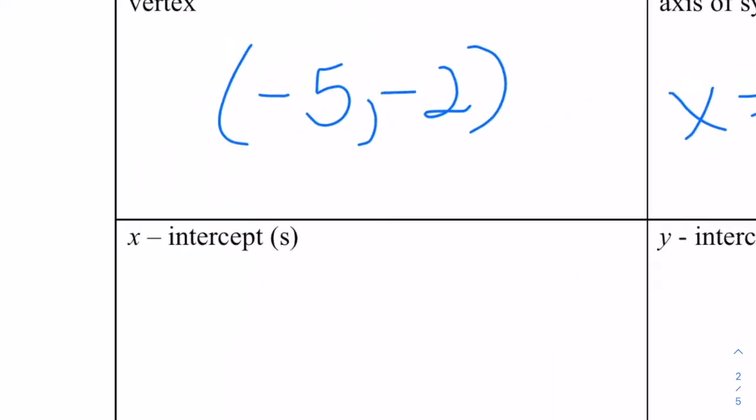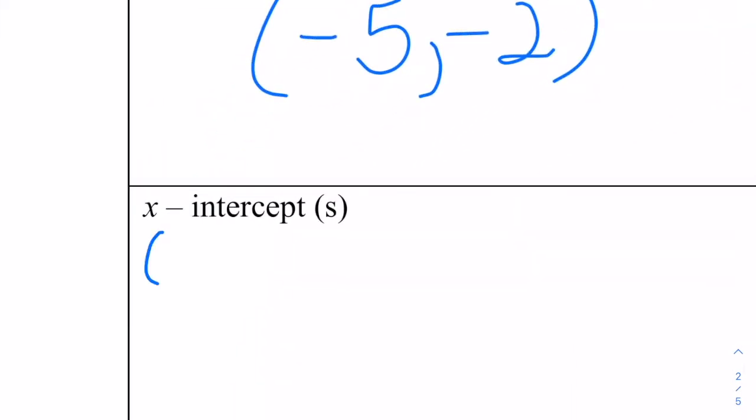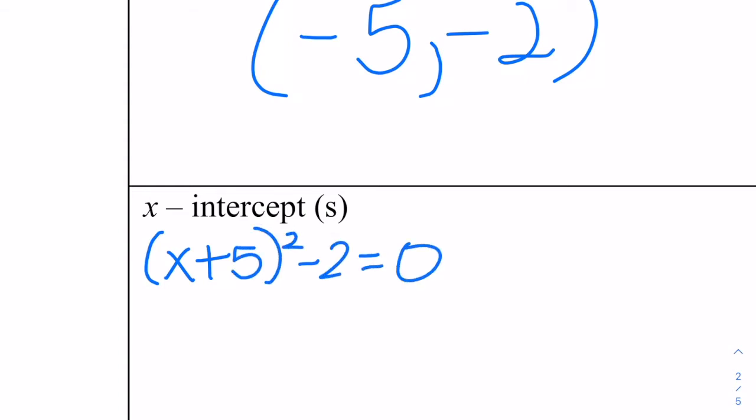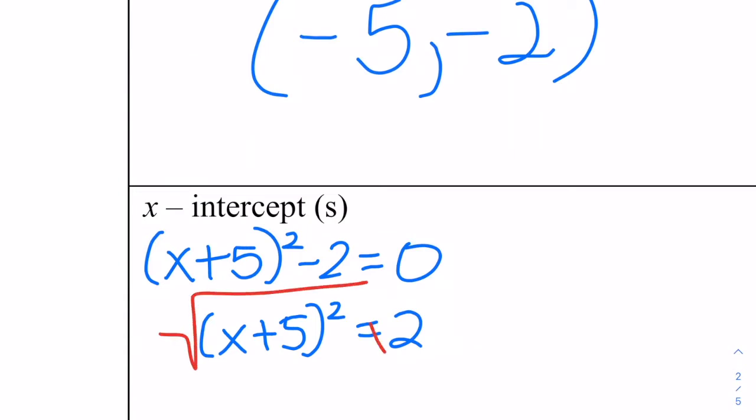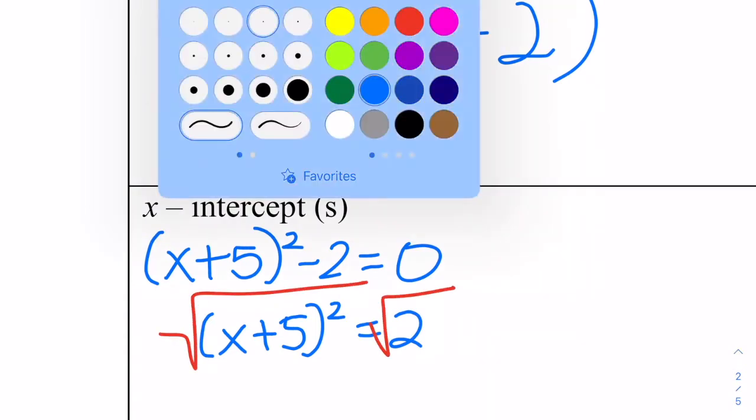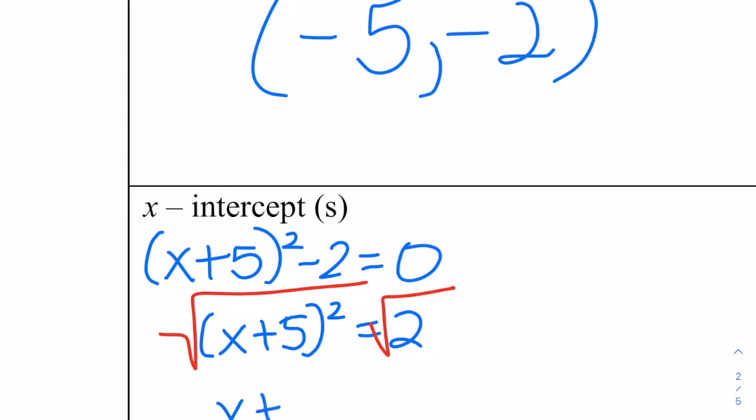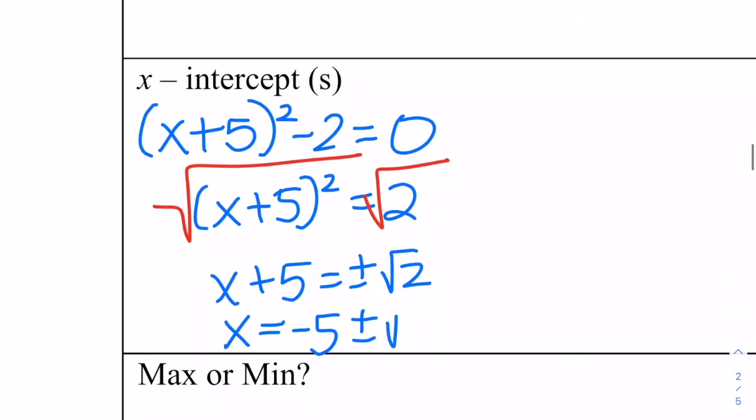Now to find the x-intercepts, I'm going to set this equation equal to 0. So I have x plus 5 quantity squared equals 2. When I take the square root of both sides, I'm going to have x plus 5 equals plus or minus the square root of 2, or x equals negative 5 plus or minus the square root of 2.